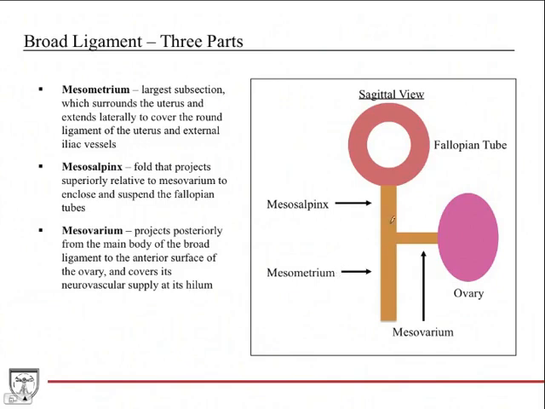So if you extend superiorly from the mesometrium, you have the mesosalpinx, which projects to the fallopian tubes and helps suspend the fallopian tubes in their natural position. If you extend posteriorly, so this would be anterior, and this would be posterior, out to the ovaries, you have what's called the mesovarium.